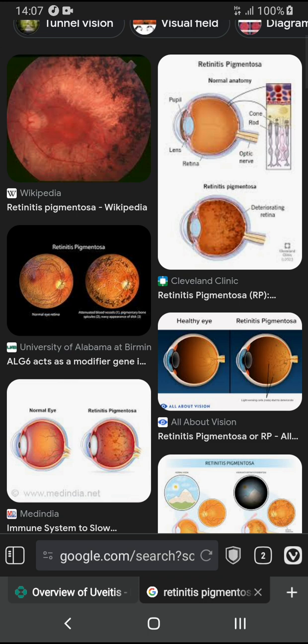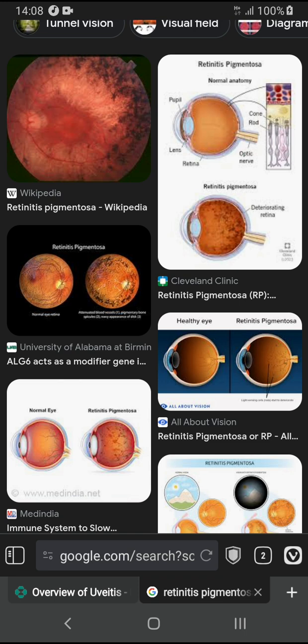Now, the treatment. The treatment is not easy because there is no definitive treatment that cures retinitis pigmentosa. There are things that can be done to reduce, and I don't say halt, but reduce the progression of retinitis pigmentosa, which are multivitamins, especially vitamin A and other vitamins that can reduce the rate of progression of the disease.